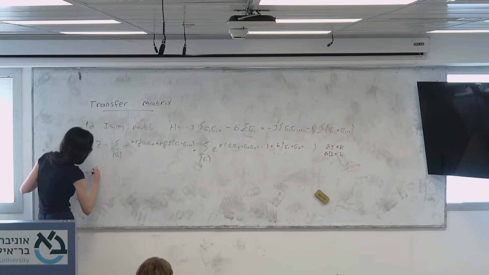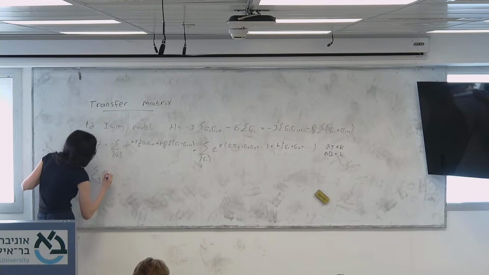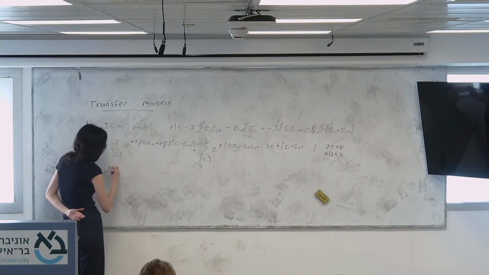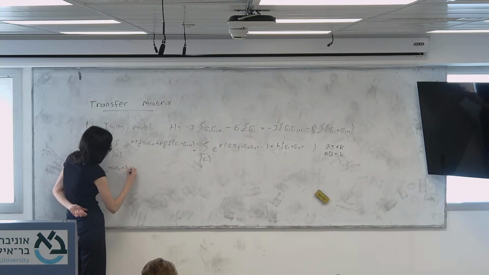And now the partition function is e to K sigma 1 sigma 2 plus h over 2 sigma 1 plus sigma 2.